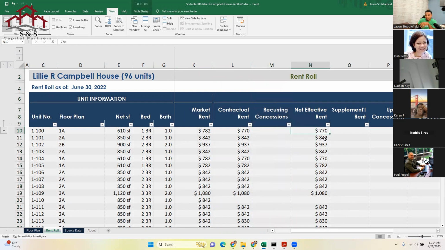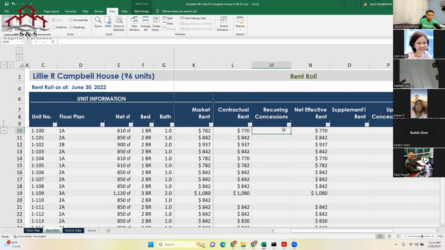And then you've got the net effective rent. And so you may think, well, what's the difference between the contract rent and the net effective rent? What that is, sometimes there are additional fees, or if they have these concessions, depending on how the concession went, there may be a reduction in the net effective rent versus the contractual rent. Right. So it may be contracted at $770, like in this first one.